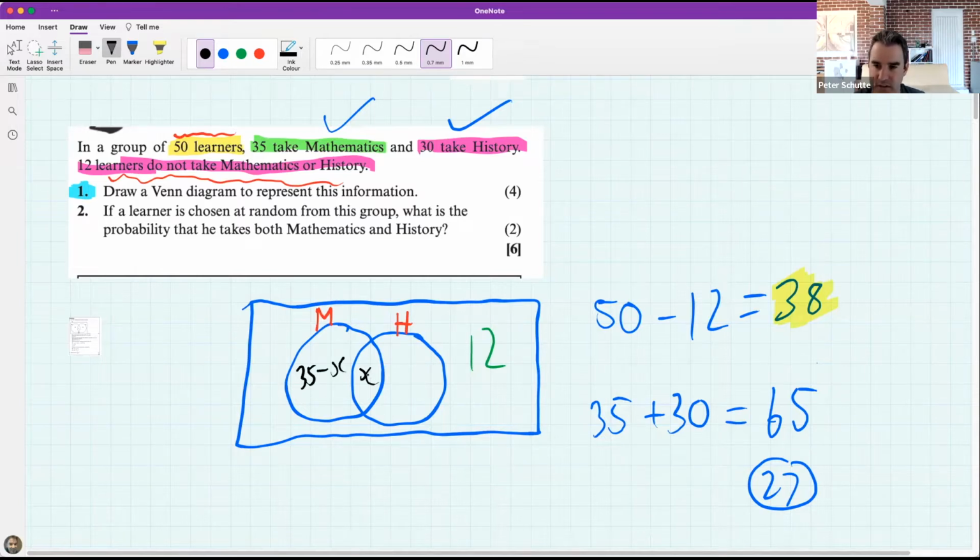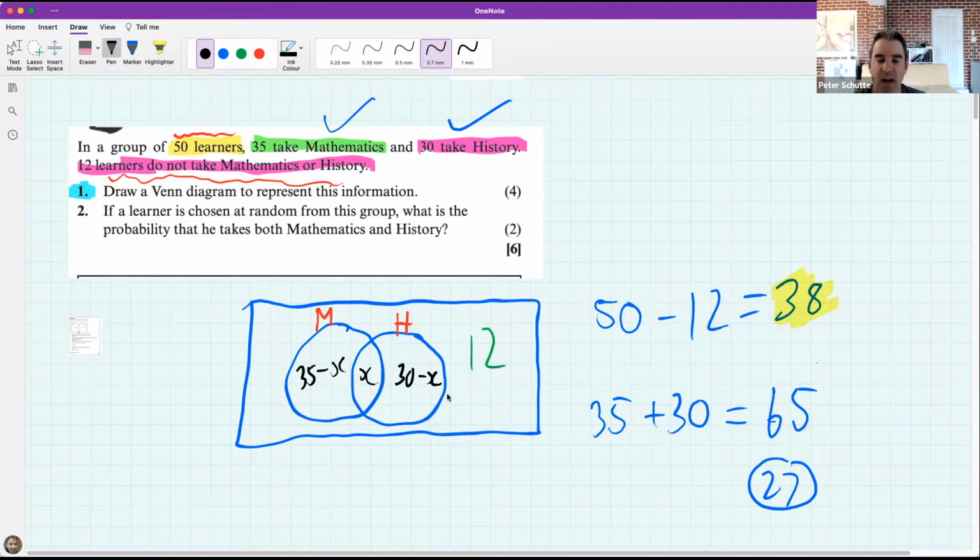If I let that be X. And then over here, what is this H over here going to be, following that method I just showed you now? So we know H is 30. And so this would be 30 minus X.